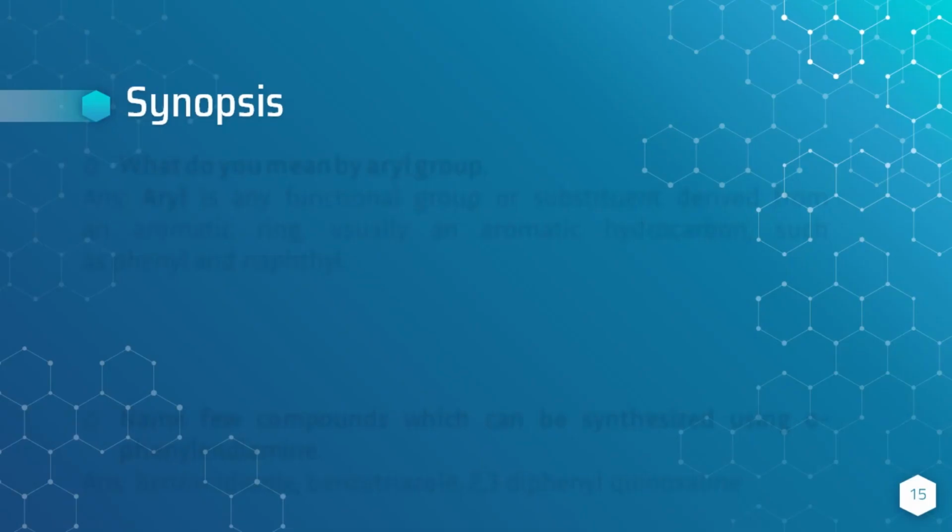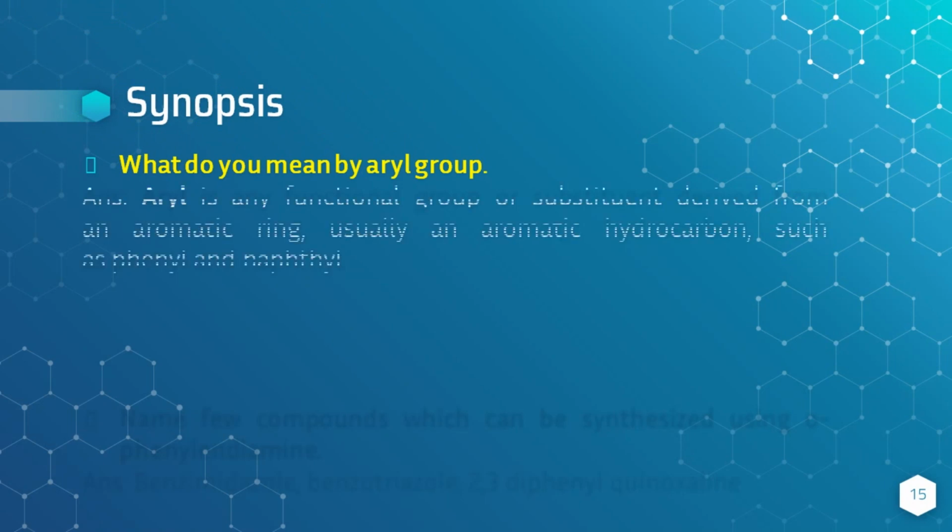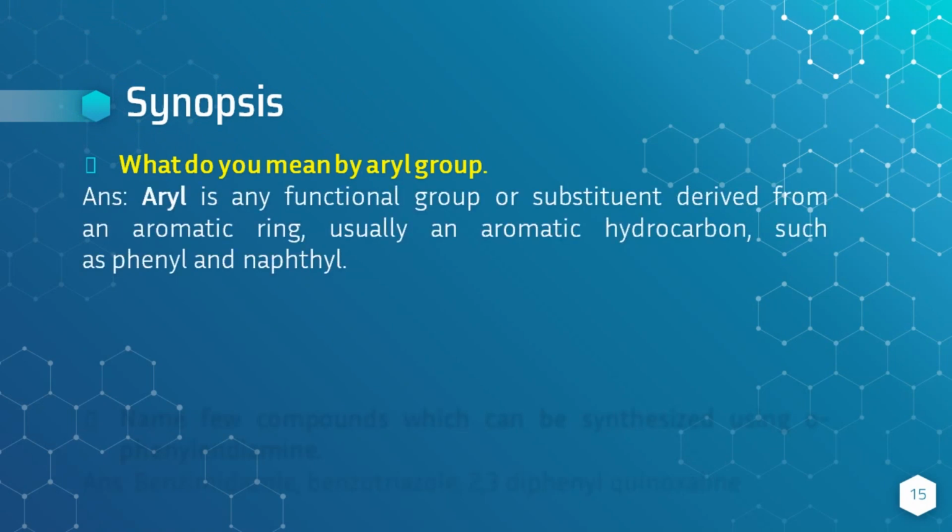So now let us see some of the questions for synopsis. First question is, what do you mean by an aryl group? So aryl is any functional group or substituent derived from an aromatic ring, usually an aromatic hydrocarbon such as phenyl and naphthyl.